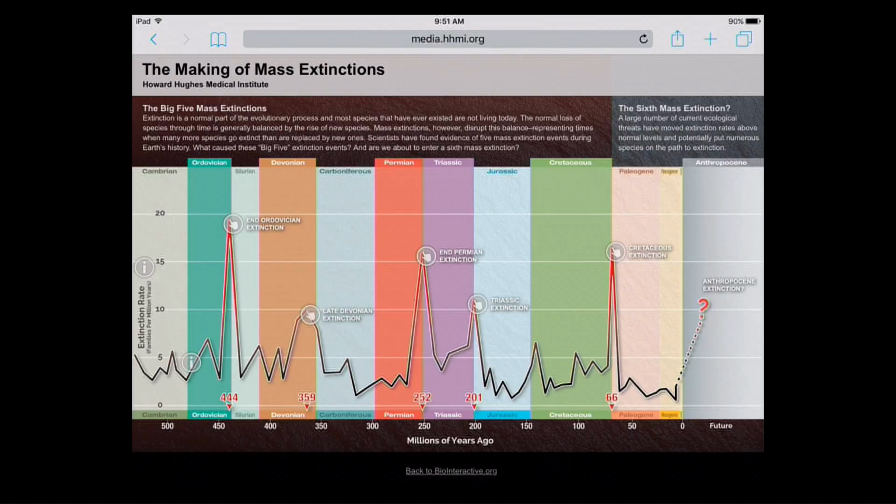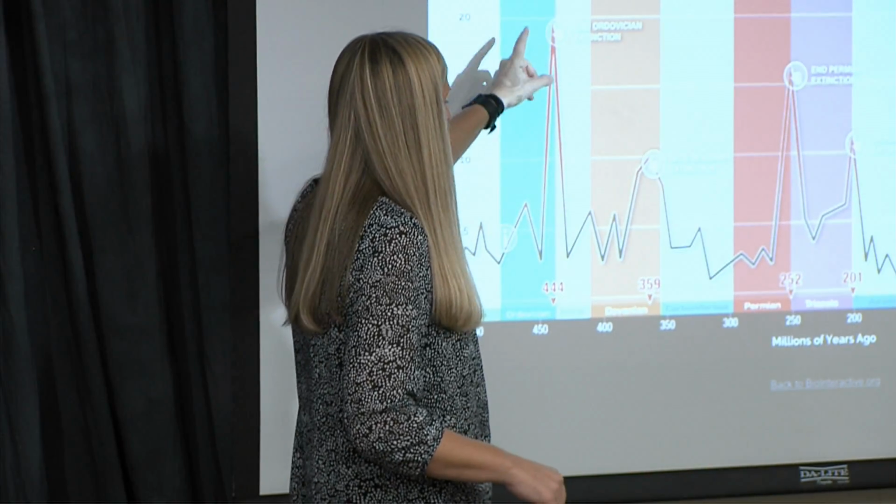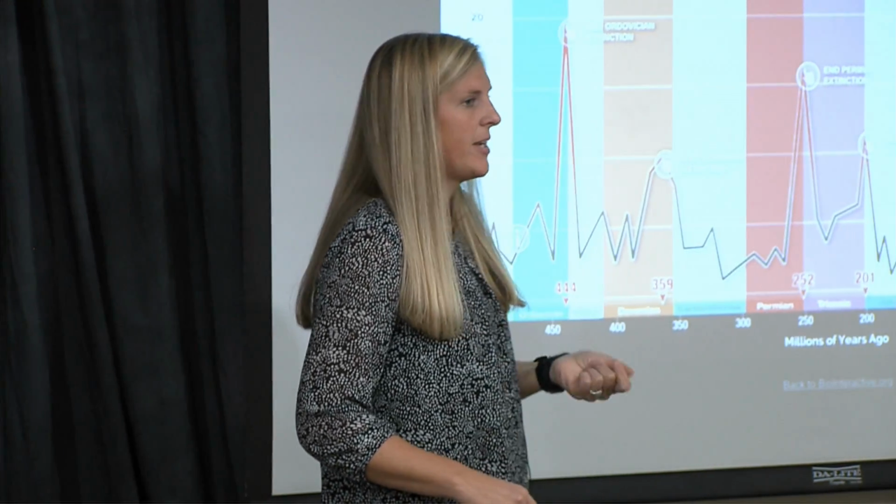But basically, we have the kids go through and they look at the different extinctions. They make notes about what's happening in terms of the carbon dioxide levels, the oxygen levels, the luminosity, depending on what information they need, and then ultimately what happened to the biodiversity.